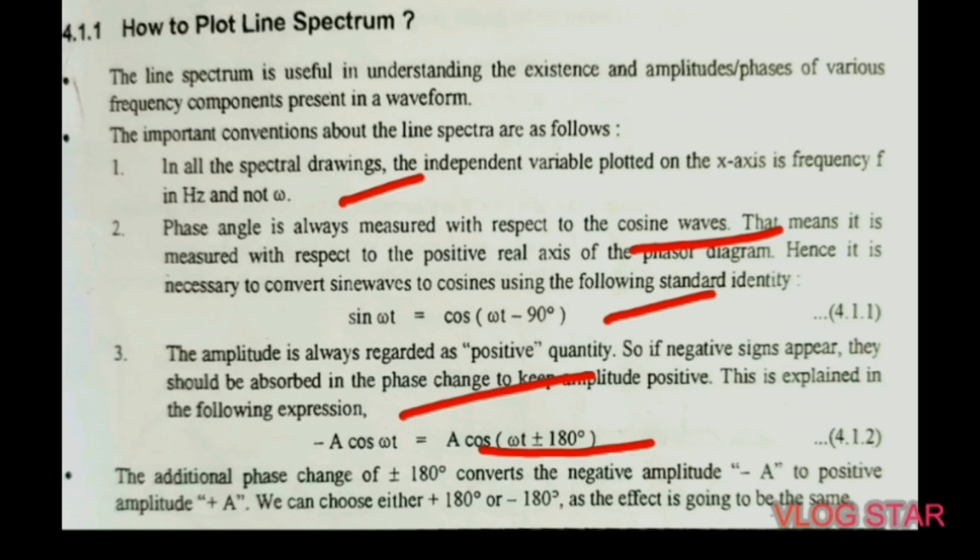Here the additional phase change of plus or minus 180 degrees converts the negative amplitude, that is minus A, to positive amplitude, that is plus A. So we can choose either plus 180 degrees or minus 180 degrees, as the effect is going to be the same. So in that third point, we have to just remember that the amplitude should be positive.